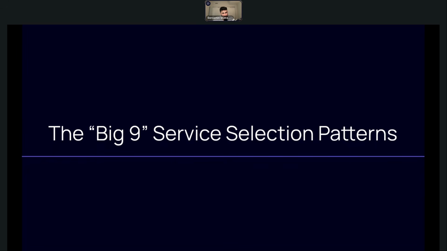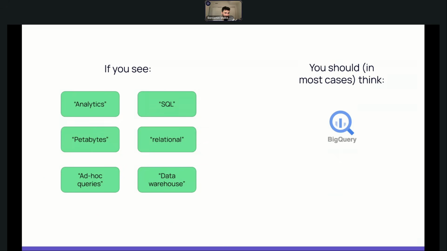I actually initially had this as the Big 10 because that sounded nice, but then I changed the list and now it's 9, and I didn't want to add one just for the sake of making it 10. So it's the Big 9. This is the list of the 9 most important services to keep in mind for GCP exams, and the words in questions that would indicate them.